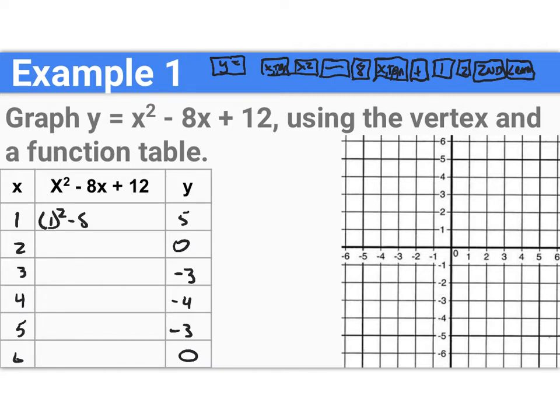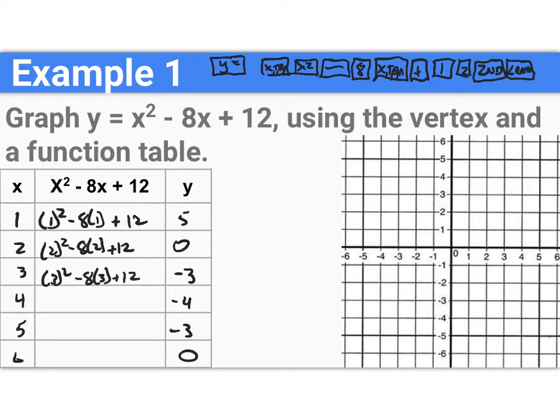1 squared minus 8 times 1 plus 12 will give you 5. You can type it in the calculator just like it's written. 2 squared minus 8 times 2 plus 12. 3 squared minus 8 times 3 plus 12.